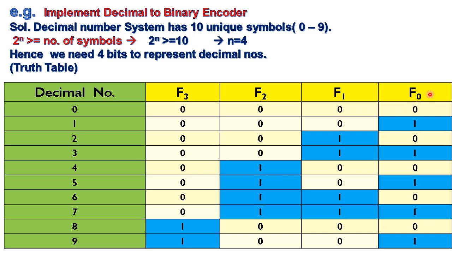For example, F0 connects with decimal numbers 1, 3, 5, 7, 9. F1 connects to 2, 3, 6, 7. F2 connects to 4, 5, 6, 7. F3 connects to 8 and 9.